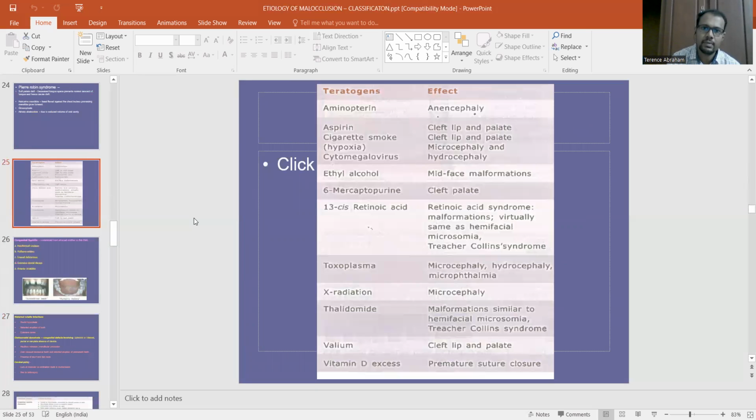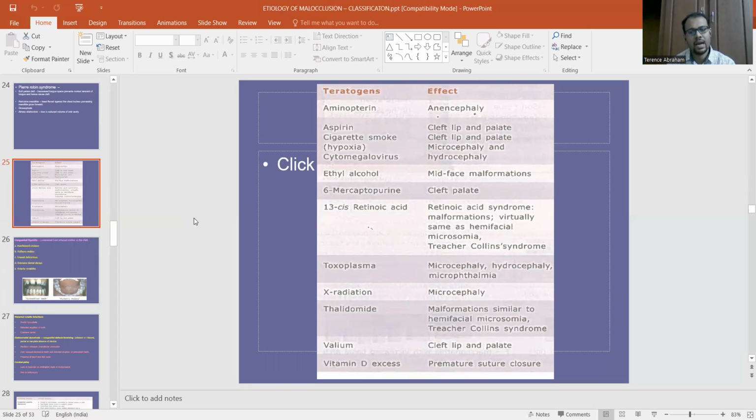Then coming to the various teratogens, these are the various agents or drugs taken by the mother during pregnancy. When the mother is taking any of these drugs during pregnancy, it results in abnormality in the fetus. The common drugs such as aspirin can cause cleft lip and palate. If the mother is smoking, it also causes cleft lip and palate.